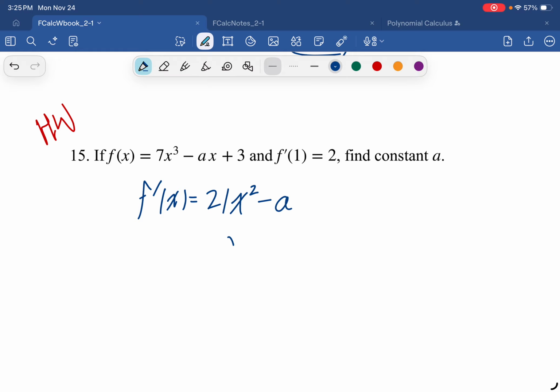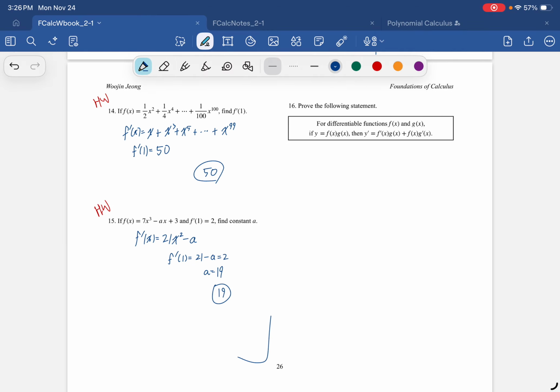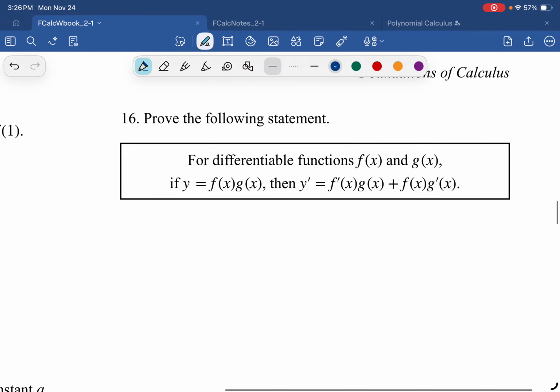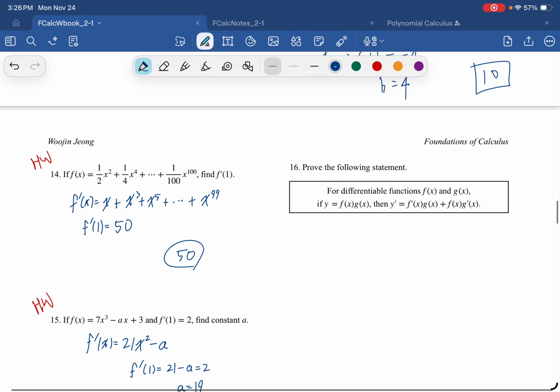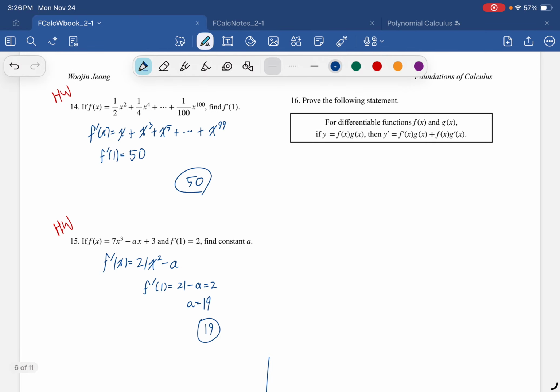So f prime of 1 equals 21 minus a equals 2, so a has to equal 19, and that was a pretty simple question as well. And that was the end of the homework, I think. Number 16, we proved that in the previous lesson, so you can rewatch that if you want to go over the proof of the product rule again.